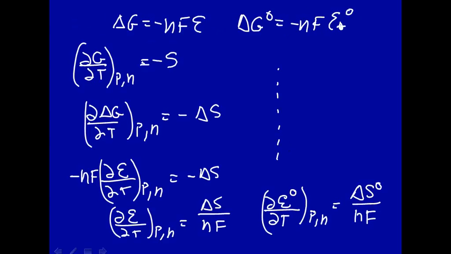But look at this: we just found that delta S0 is nF times how E changes with T. So we solve this for delta S and plug it in over here.